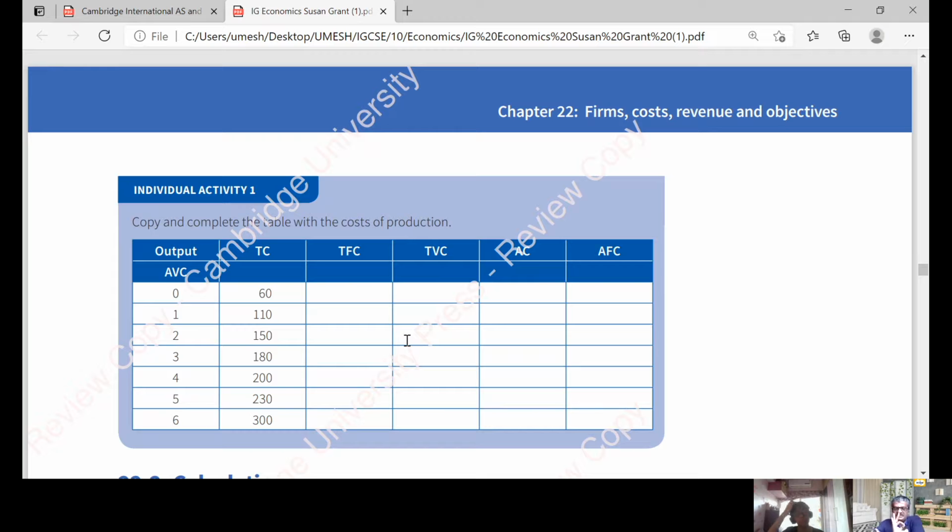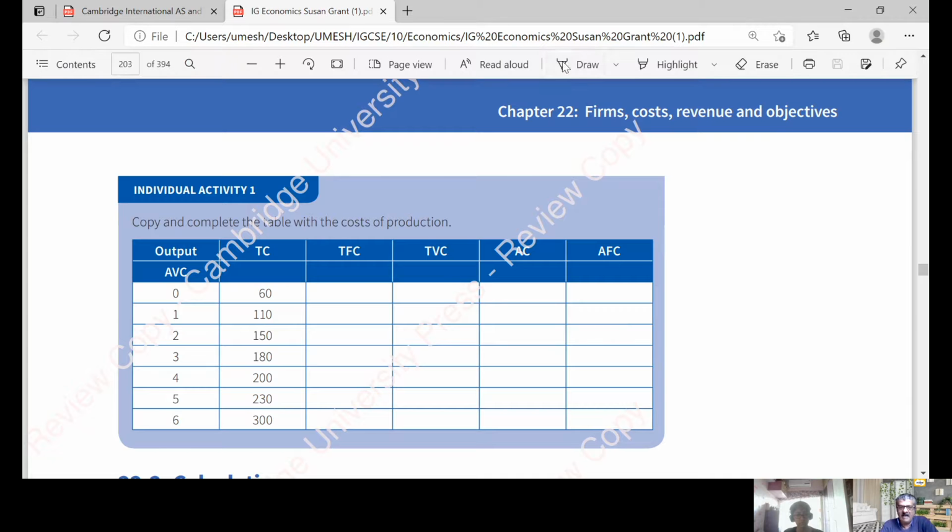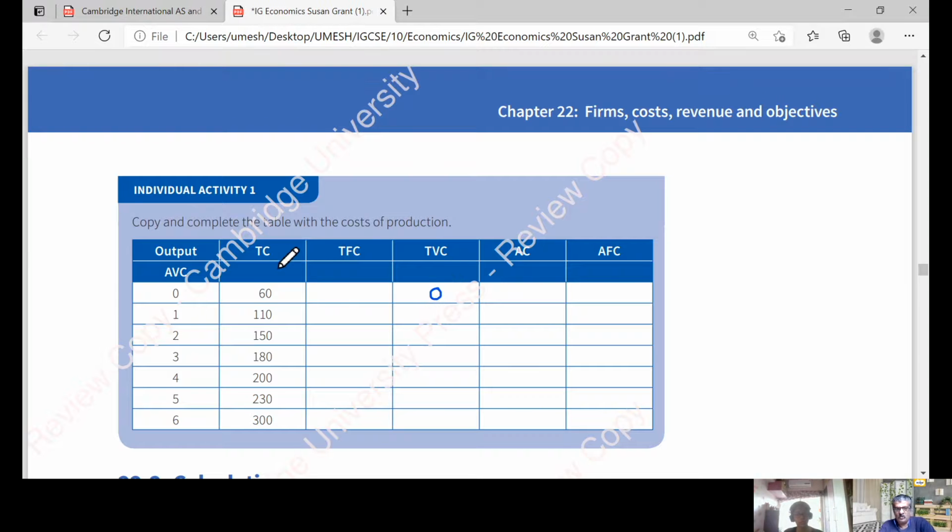See, when output is zero, your total variable cost will be 0. I will go on writing that. This is zero. Now, what is the formula of total cost? 60. So the total fixed cost is also 60.